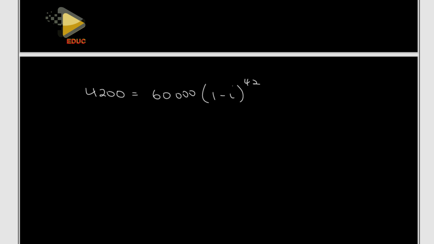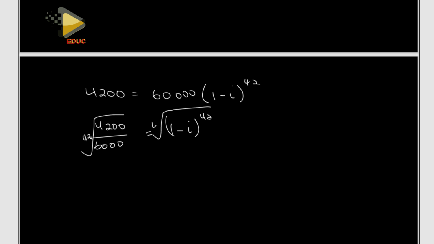So start by dividing both sides by 60,000. So 4.2 over 60,000 is equal to 1 minus i to the exponent of 42, and then we're going to find the 42nd root. So that cancels that. 1 minus i is giving me 0.88857.